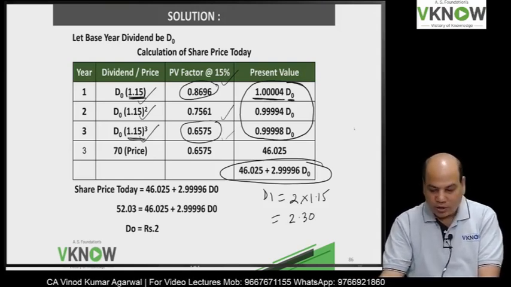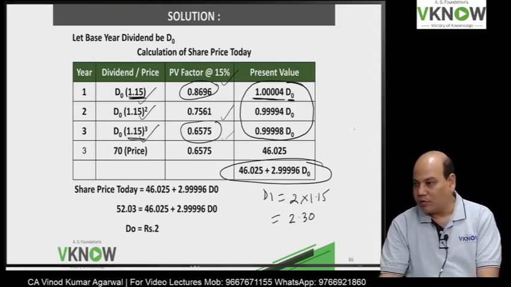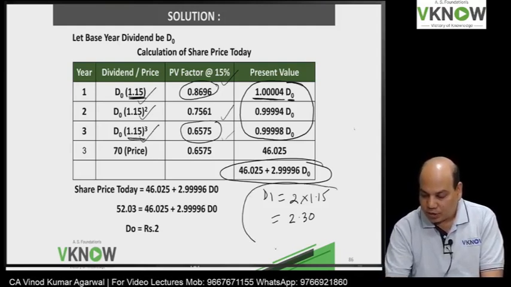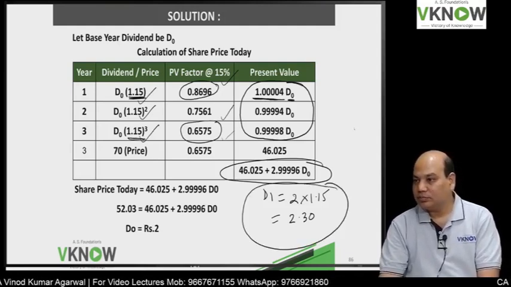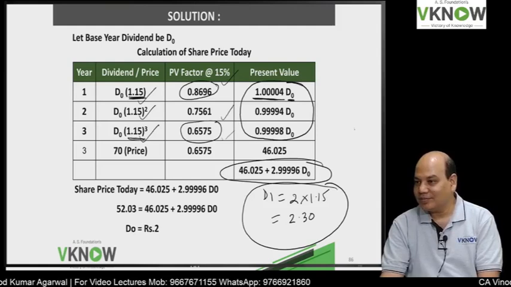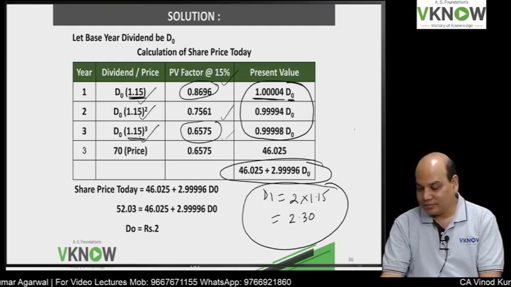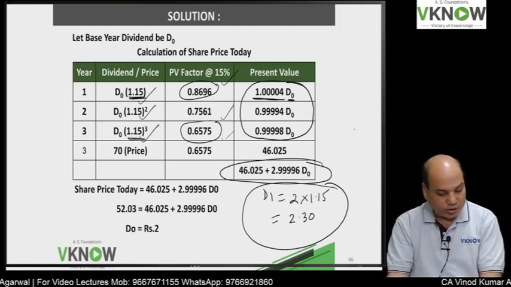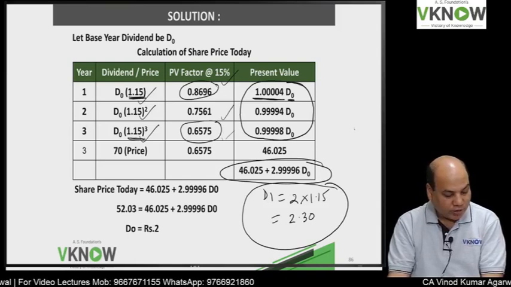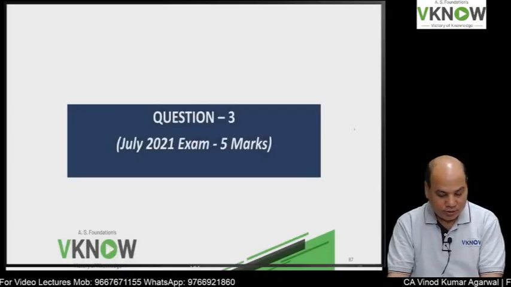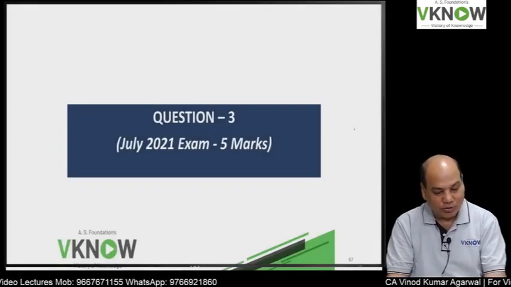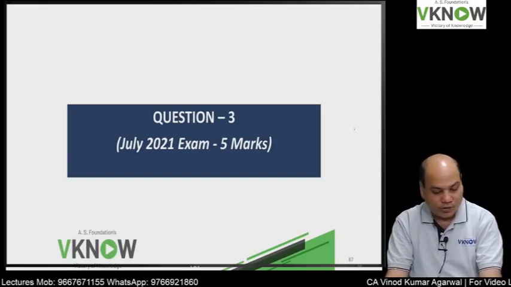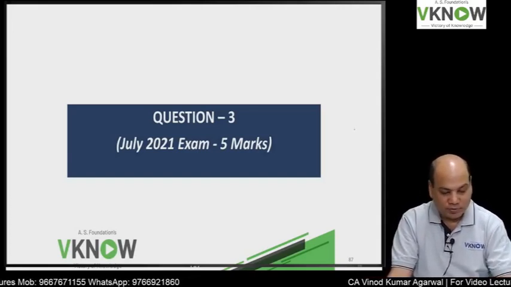So I don't know whether they want base year, meaning D0, or D1. So I would prefer to write both answers. Now they can't deduct marks. So this was a good question. One student has also written, nice question. Yes, all questions in this book are nice only if you go to the exam with good preparation.